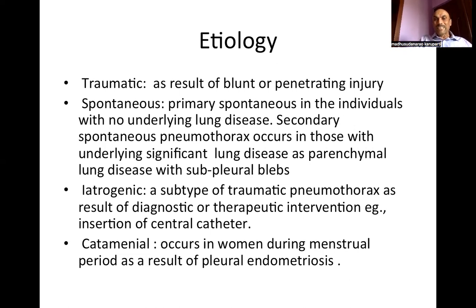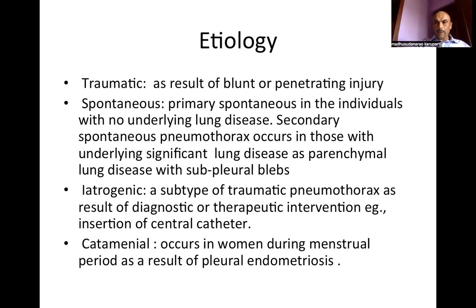Sometimes there could be significant lung parenchymal disease, for example, subpleural blebs, which may result in spontaneous pneumothorax because of the rupture of the blebs.